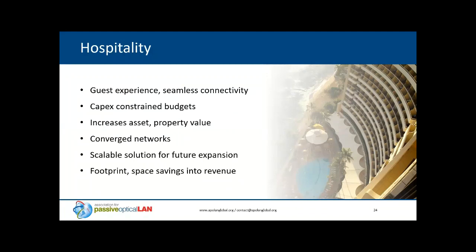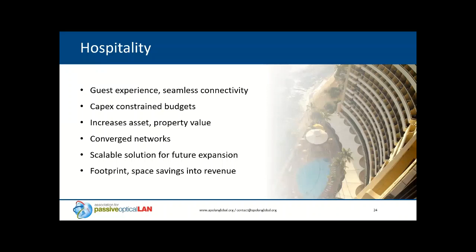Now, instead of having those IT closets on every floor feeding all these hotel rooms, they're taking POL and putting IT closets, let's say, on every 3rd or 4th floor. They're putting the splitters on these floors and then feeding out further distances with a single strand of glass to each individual room. And in some cases, they're actually sharing an ONT, possibly an 8-port ONT, between 2 rooms.